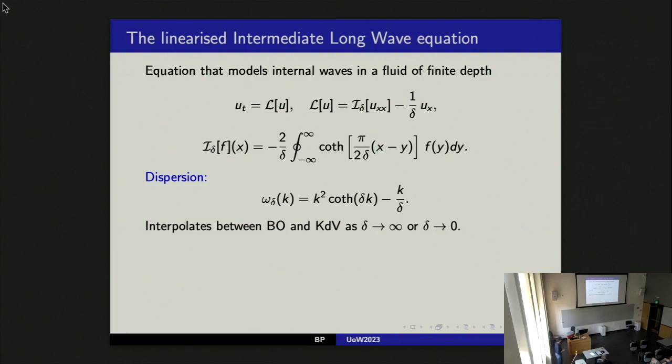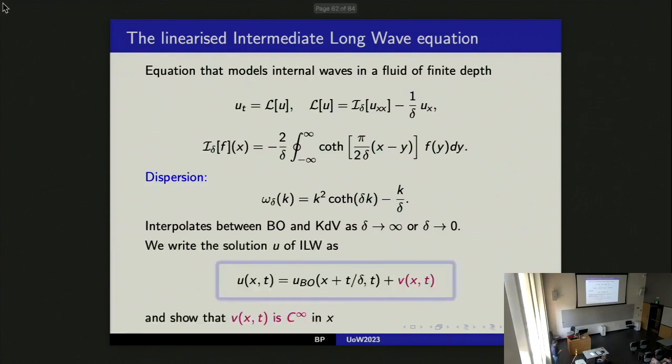And in fact you can write, and this was all the work really, the solution for the intermediate long wave equation in terms of the solution for BO translated in this way plus something, and proving that the something was a continuous, in fact, C infinity function.